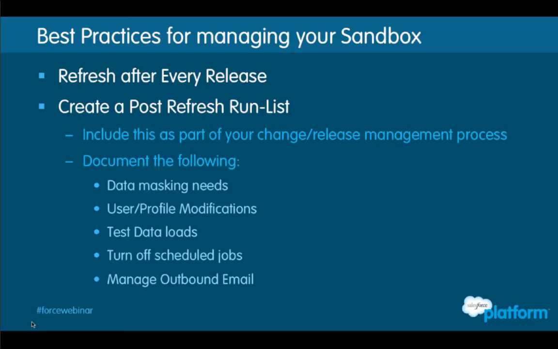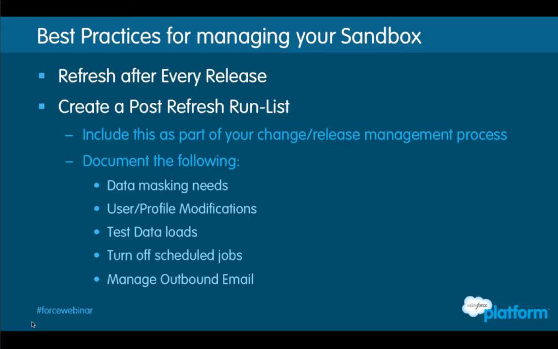Also, managing outbound email. There are some new features available in the sandbox to allow you to shut off email, only allow system-only email. This is important because sometimes email is integrated into scheduled tasks as well. And we've heard lots of issues about, oh, I turned on my sandbox and then every person in my production org got an email. That's not what you want.